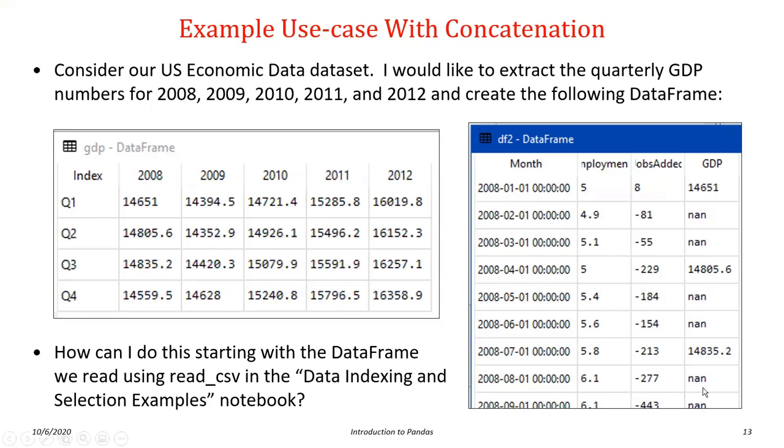And first, notice that what I need here is in the GDP column. So I already have it in a Pandas data frame, which we've seen. Right? So the first thing that I would do is just extract the GDP column and then do a dropna. So if I extract the GDP column as a series and do the dropna, what do I end up with? Well, I end up with all of the valid GDP values. Okay?